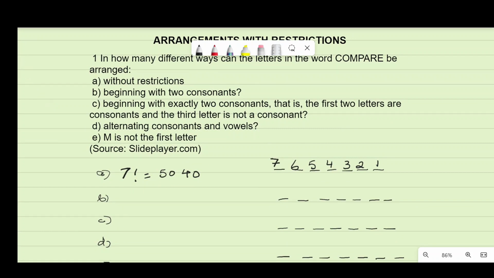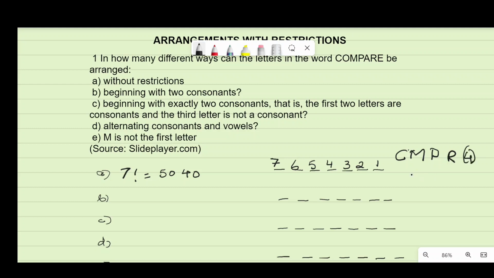What are the consonants in this word? Let us write the consonants here. The consonants here are C, M, P, and R.